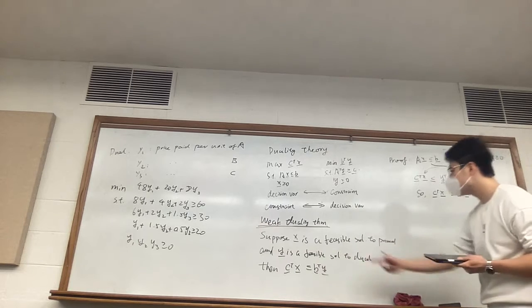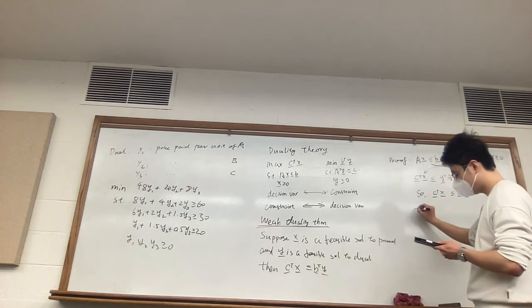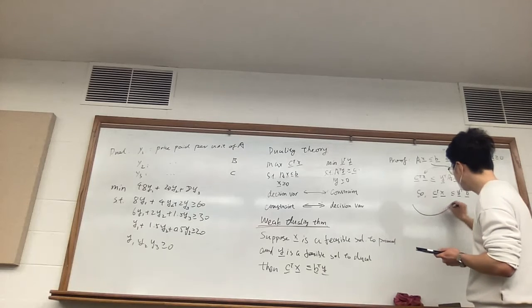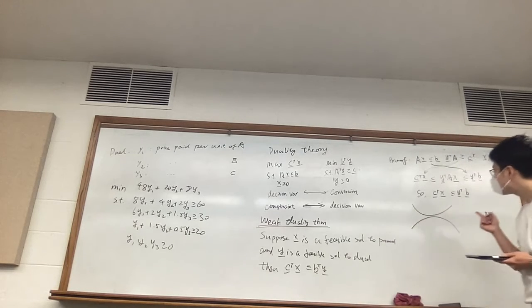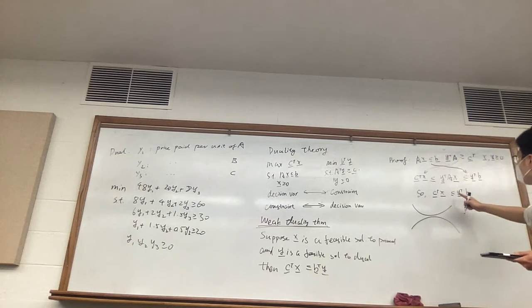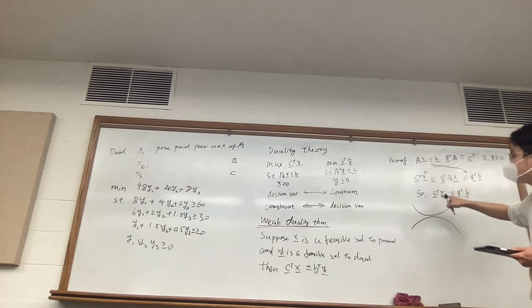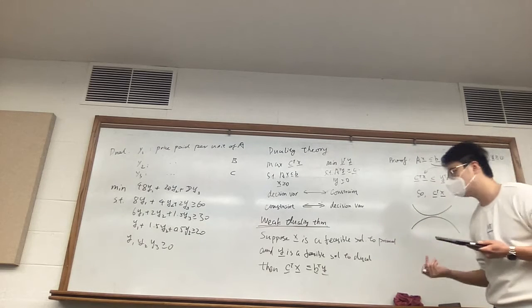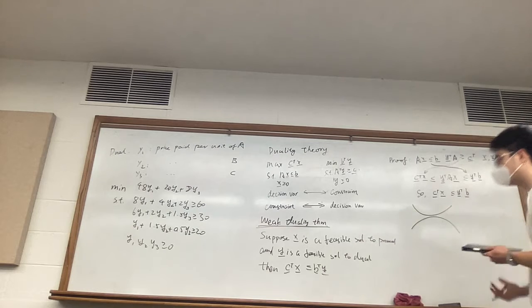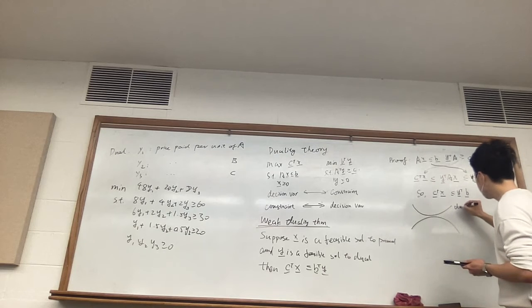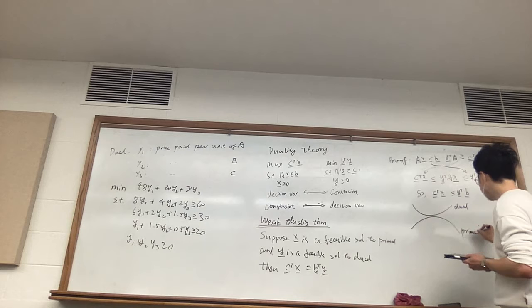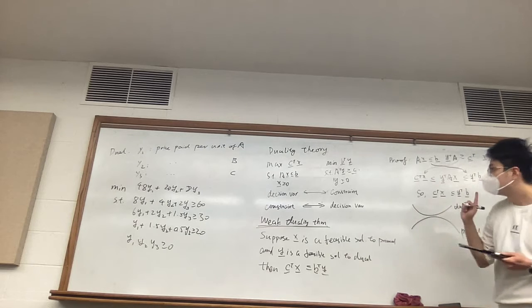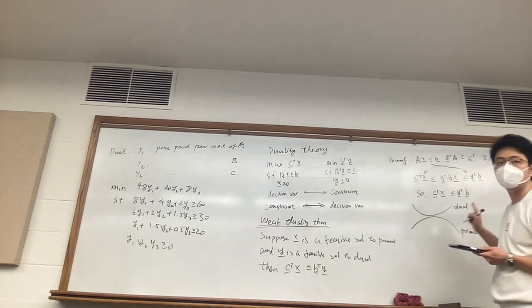So think about this. Let me just sketch a graph. We have C transpose X less than or equal to Y transpose B, and we know that X is any feasible solution to the primal, Y is any feasible solution to the dual. So what we can sketch is that this is the dual, this is the primal, and the value here I mean the objective function.